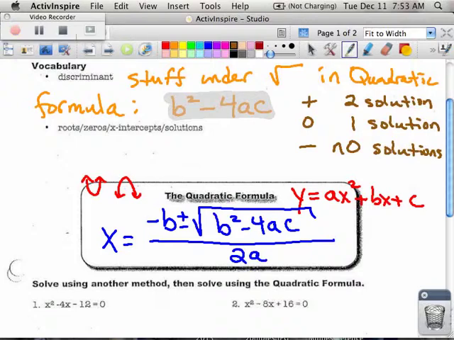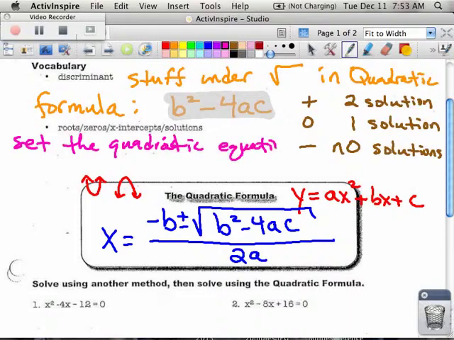Okay, the next part is talking about the roots, the zeros, the x-intercepts, and the solutions. All of these phrases mean exactly the same thing. This is when you set the quadratic equation equal to 0 and solve.